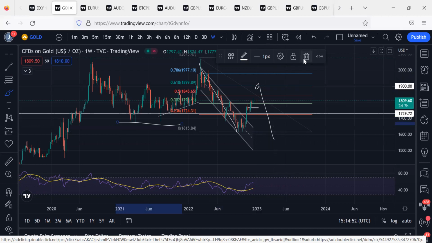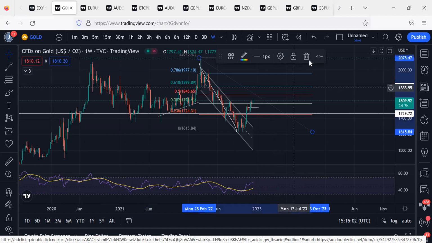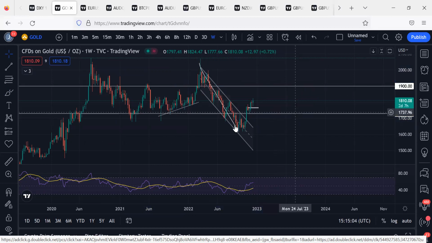Are you getting it? So this is just like a textbook analysis I'm doing for you now on gold. I'm telling you your possible ways to enter, where to enter. This Fibonacci retracement is very, very important in trading. Are you getting it? This is where we are right now. So definitely 1,900.